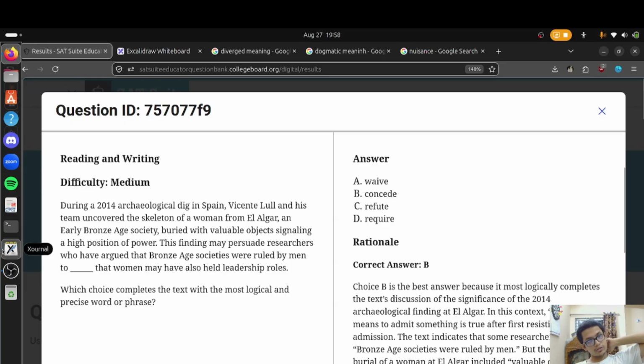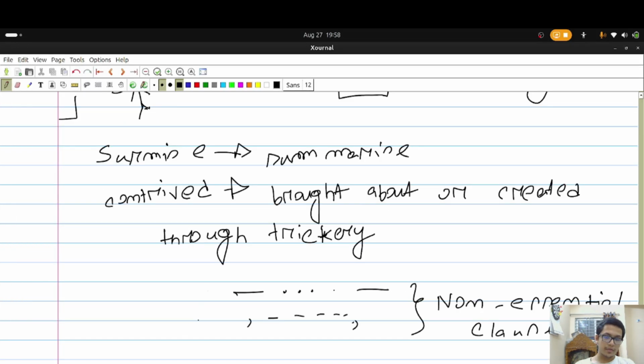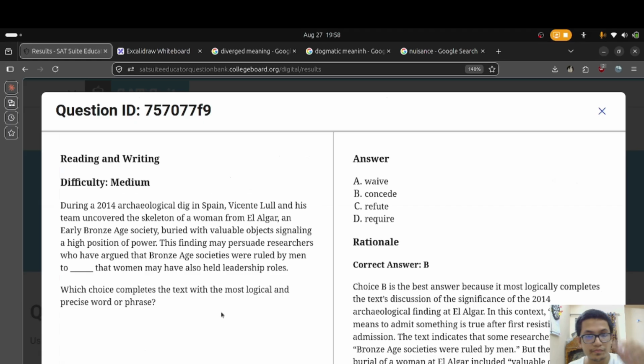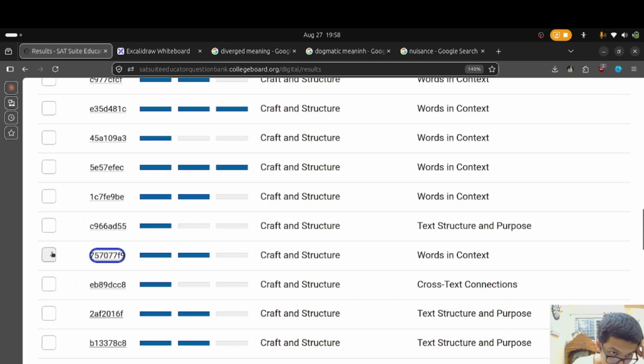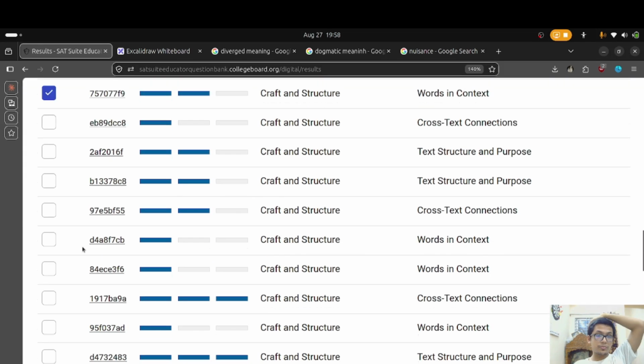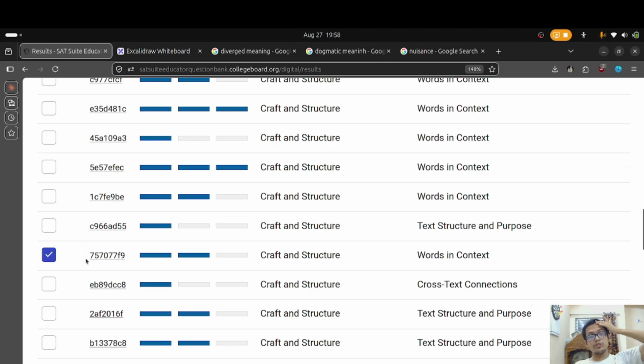So what we have learned is that concede means to admit that this may happen or not happen. Okay, so that's the answer. We made a mistake here. So yeah, we will check those mistakes after solving this.